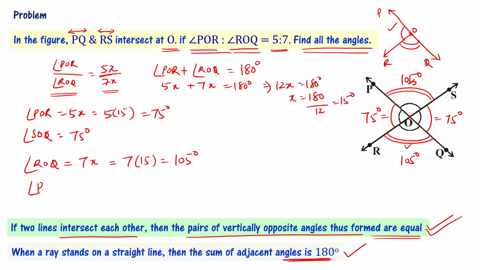Let's write that angle POS is equal to 105 degrees. You got it? 75, 75, 105, 105. When you sum all these four, you are going to get 360 degrees. The sum of all the angles around a point is 360 degrees. You are going to get that. Understood how to solve this problem?